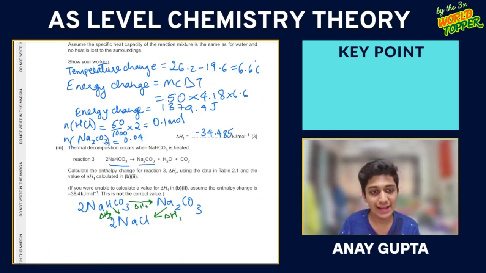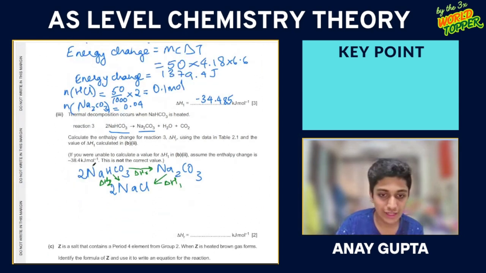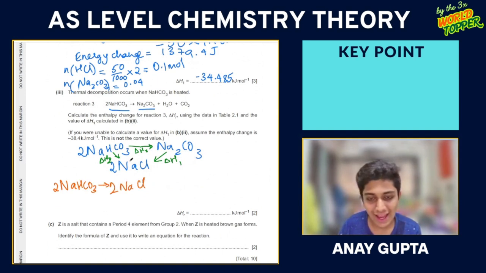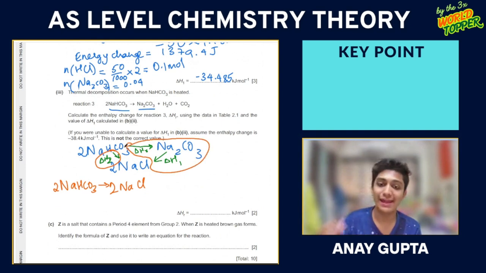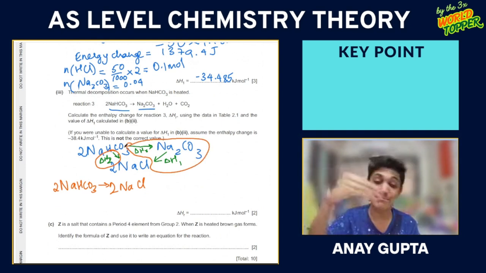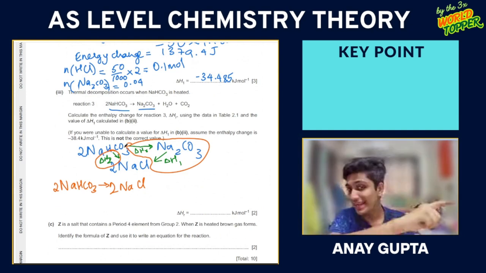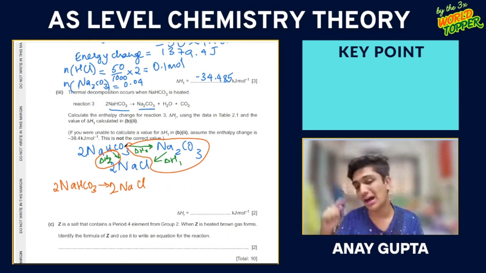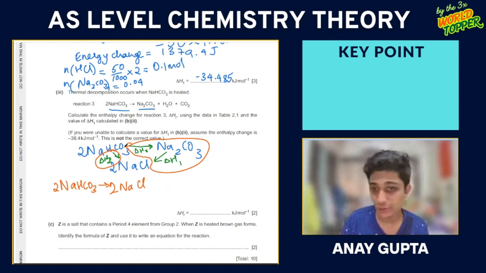We are calculating the enthalpy change from 2NaHCO3 to 2NaCl. Now I can take this direct route of delta H2, or I can take this entire route that goes from NaHCO3 to Na2CO3 and then back to NaCl, right? So I can take this longer route, but my start point and end point are always going to be the same.